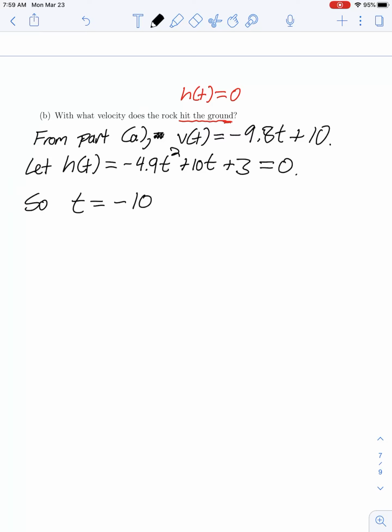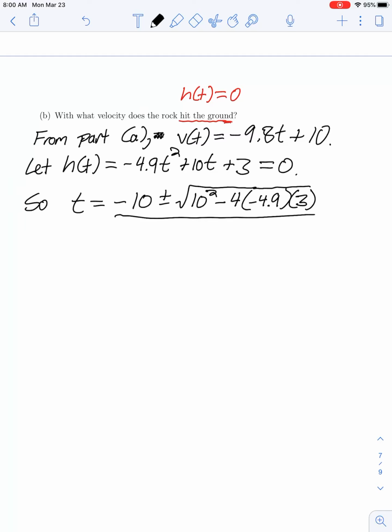So in this case, our value for b was 10, so negative 10, plus or minus the square root of b squared. So here we would have 10 squared, or 100, minus 4 times a, which is negative 4.9, times c, which is 3, and then all over 2 times a.